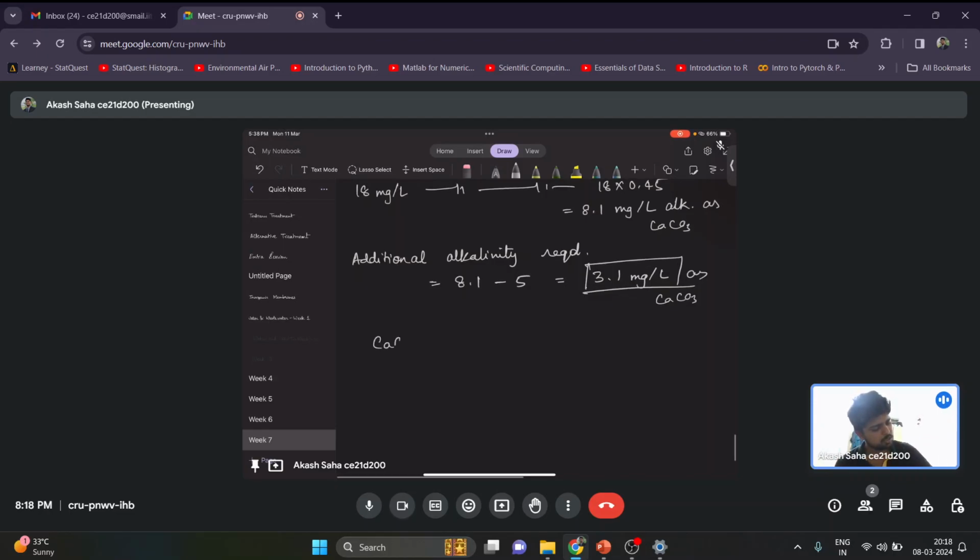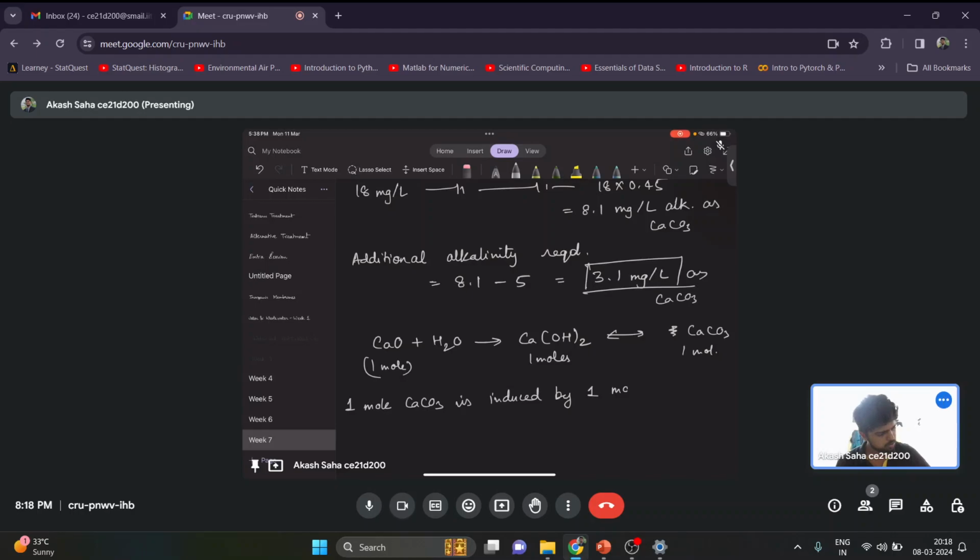We know that CaO will react with water to give the alkalinity as Ca(OH)2. We correspond this to CaCO3: 1 mole of CaO will give 1 mole of this, which corresponds to 1 mole of CaCO3.